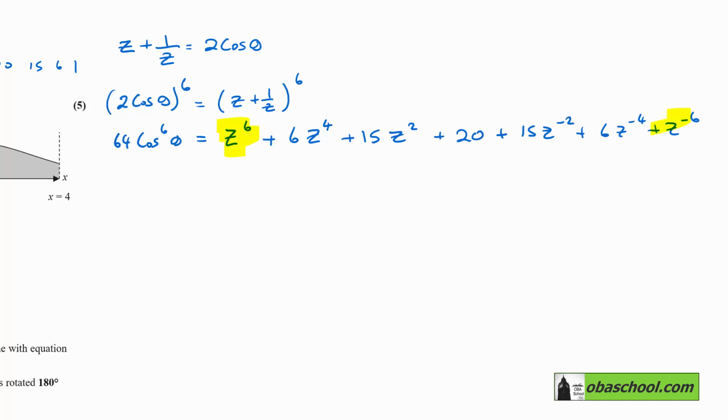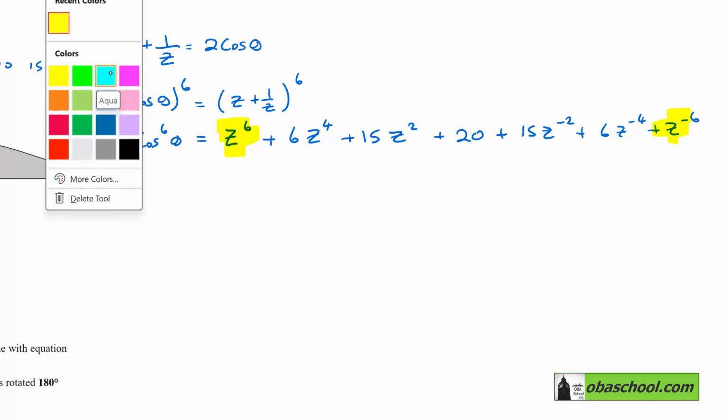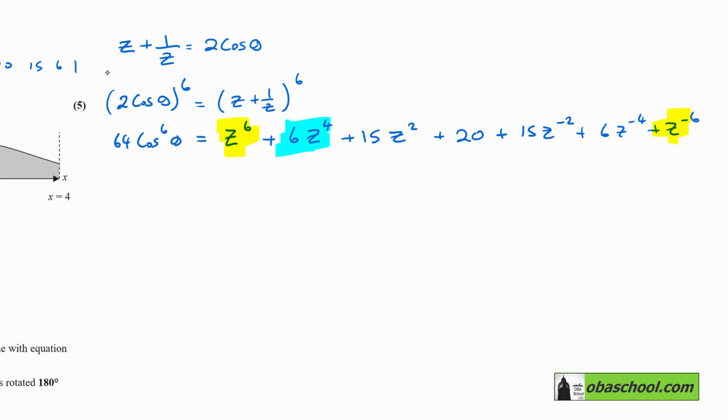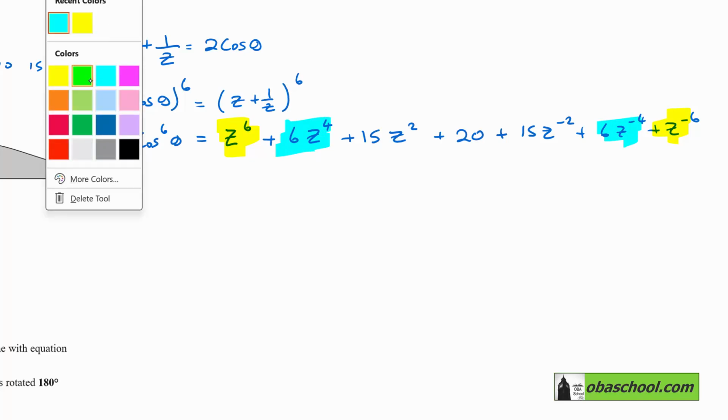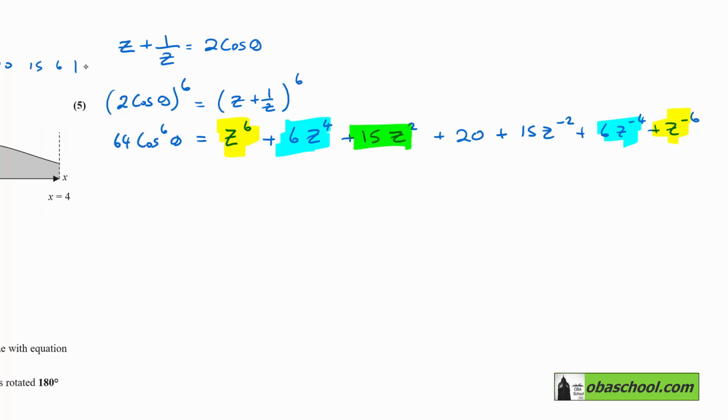We want to put these ones together, and we'll want to put these ones together, and we'll want to put these ones together. So we have 64 cos to the 6 theta is z to the 6 plus 1 over z to the 6.